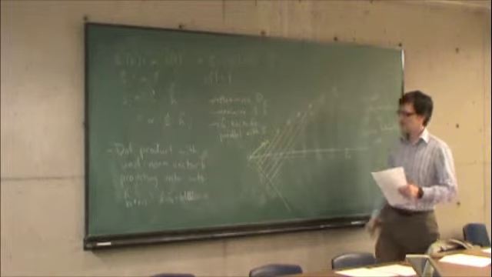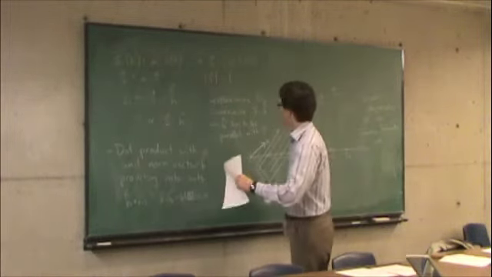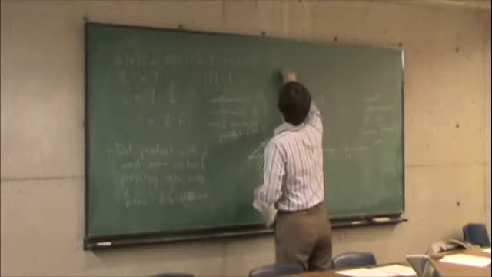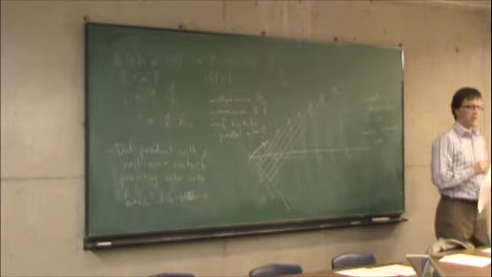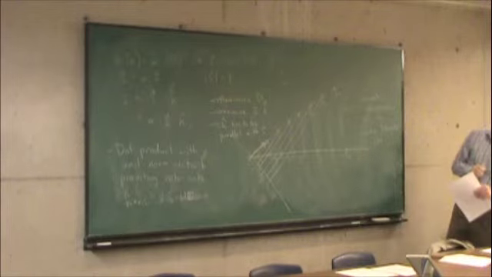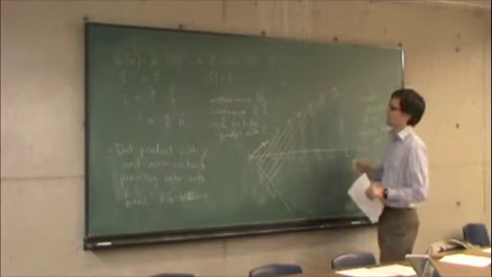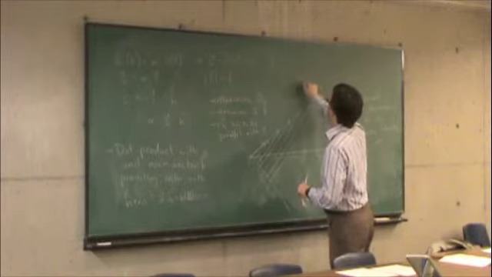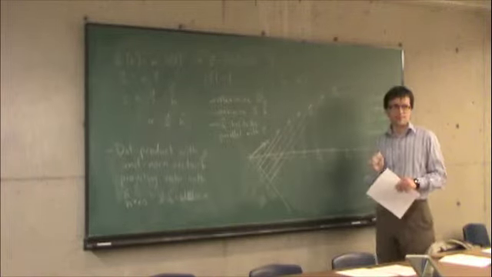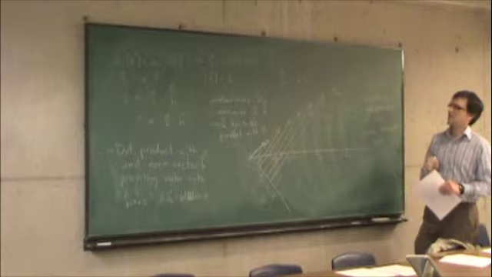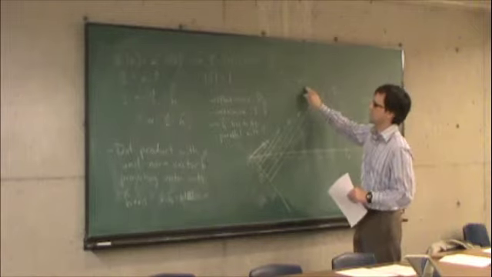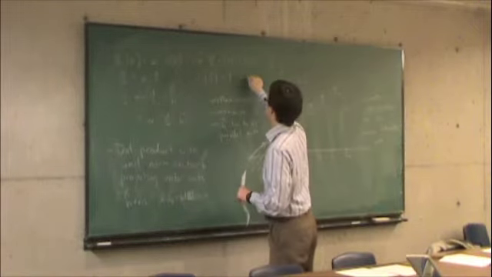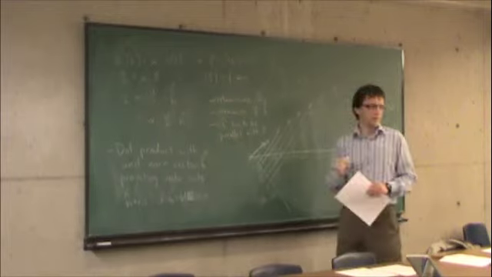So the lesson is H hat has to be parallel with S, so basically that means H hat has to be alpha times S, the basis vector. But what we required was that H hat had unit norm. So basically we have to pick alpha so that this has unit norm, but S already has unit norm.